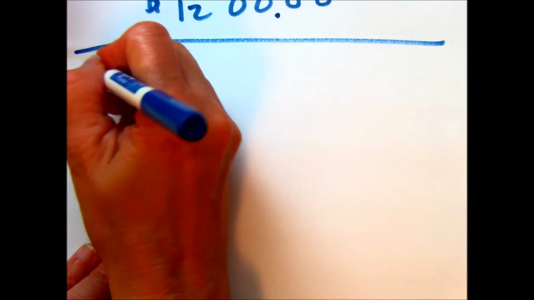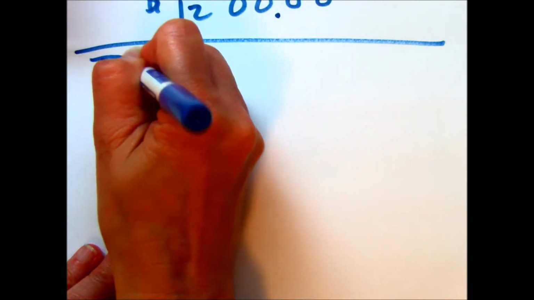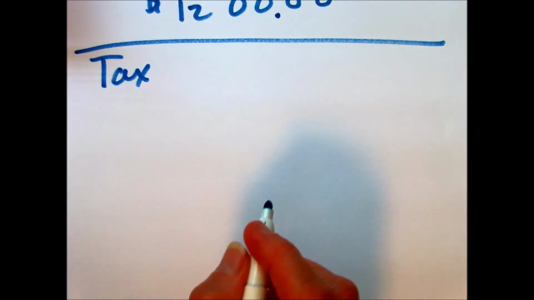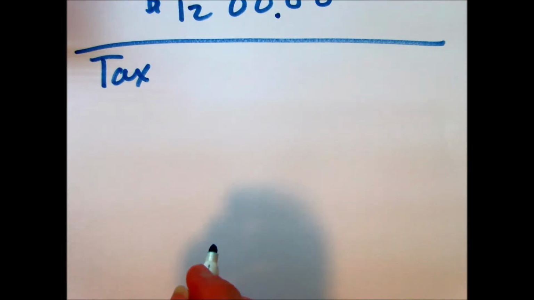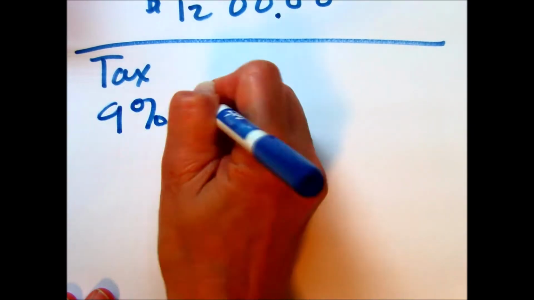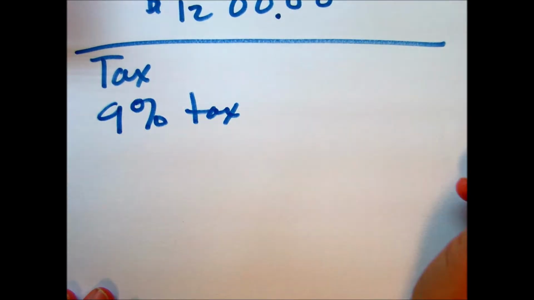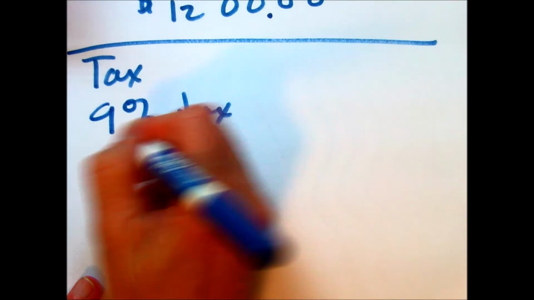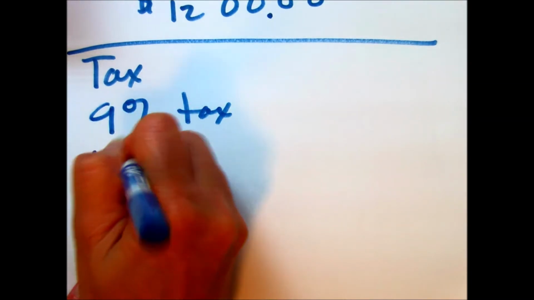Now let's talk about figuring out tax, or sales tax, or income tax, or whatever. Let's say that we've got a 9% tax, and our subtotal is $42.